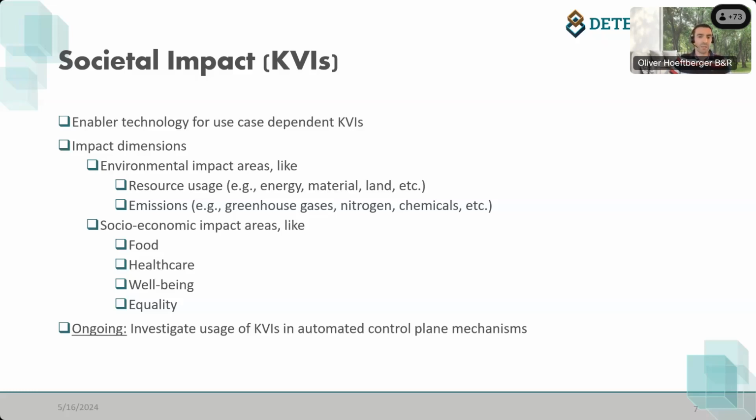But what we would like to see is if we can bring those KVIs directly into the service description in a way that the system could automatically work and optimize the KVIs in flexible systems of the future.